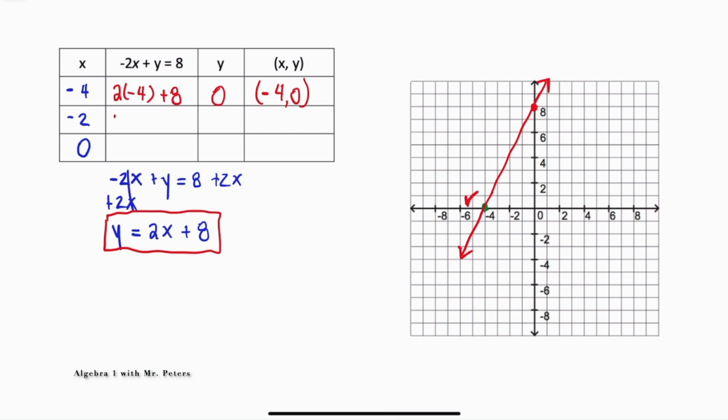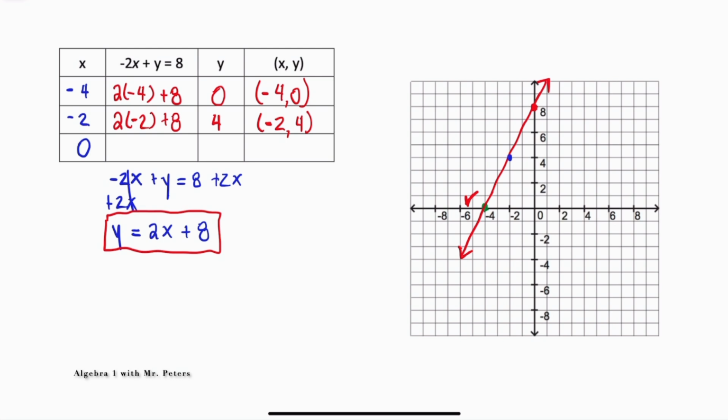When we go back and repeat this when x is -2, we're going to get 2 times -2, which is -4. -4 plus 8 is going to give us a positive 4. So we're talking about the ordered pair -2, comma 4, which would be right here.